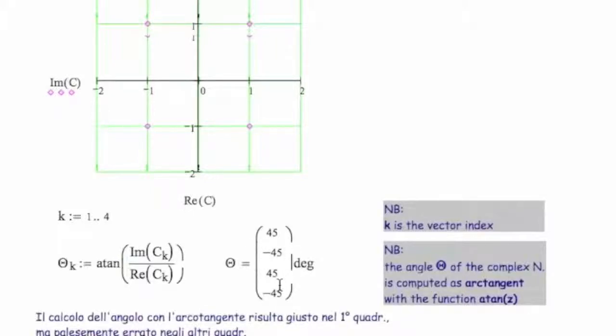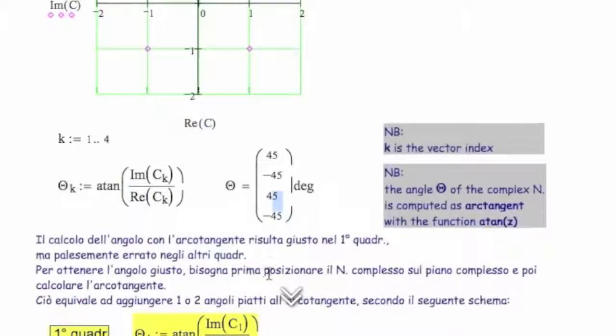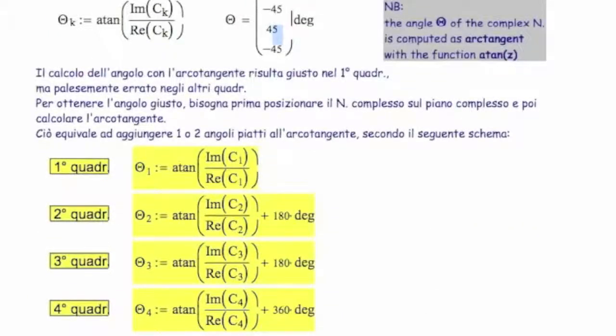Now, two of them are wrong for sure. So, if we would like to use the arctangent command, we have to consider some corrections to the results, which are reported here. When you are in the first sector, the result is correct. In the second and in the third sector, you have to add 180 degrees to your arctangent result.